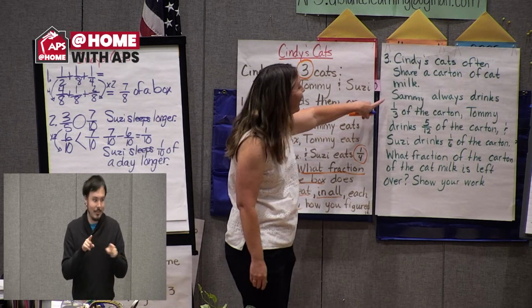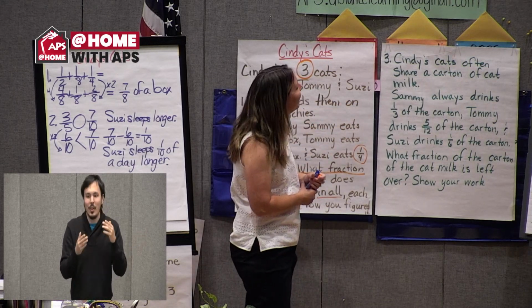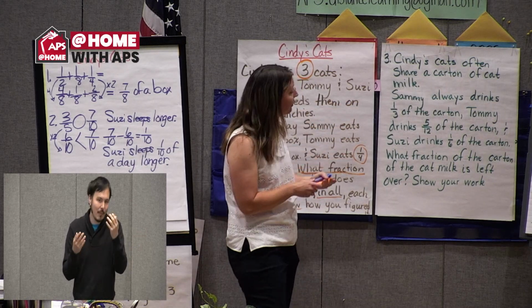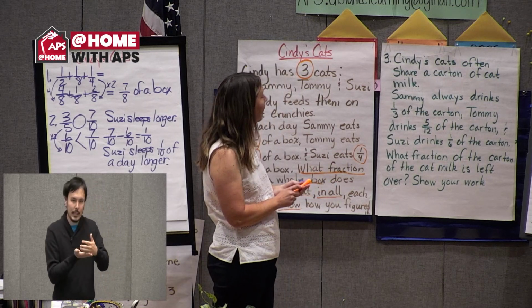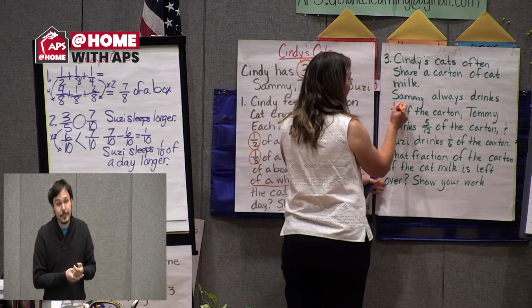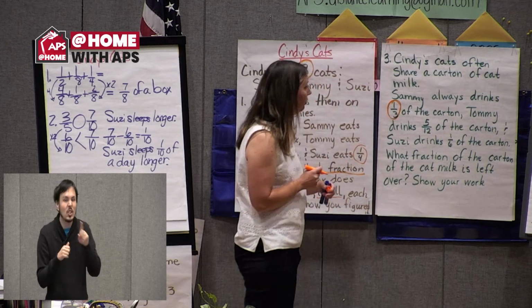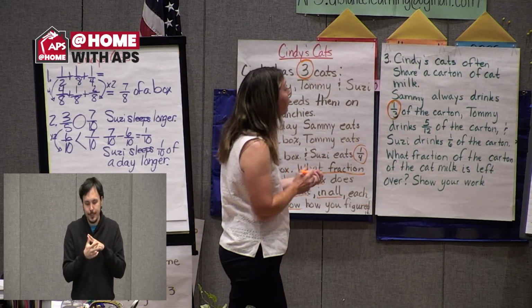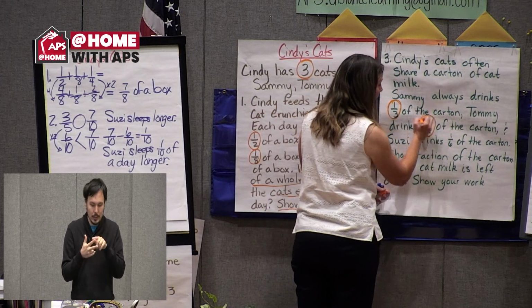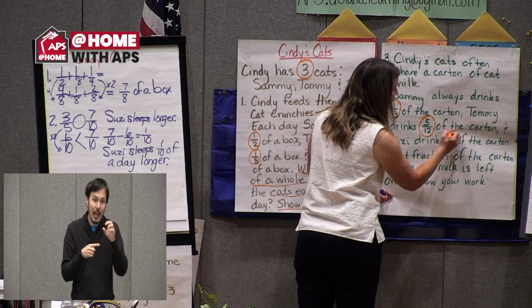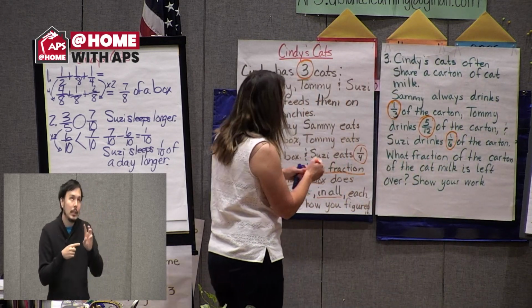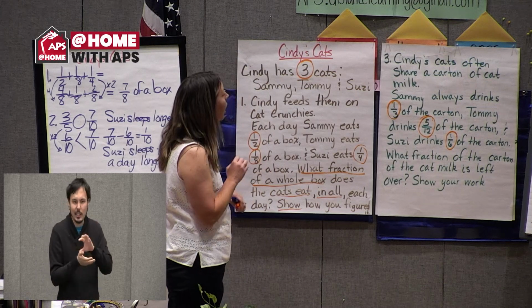But let's go ahead and look at what is the information that we need. What are the quantities? 1/3 is our first quantity. Tommy drinks 5/12. That's our next one. Thank you. 1/6 is our last quantity. So now we need to know, what is the question?